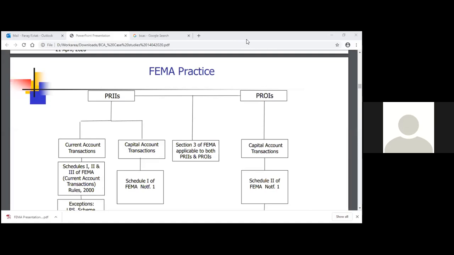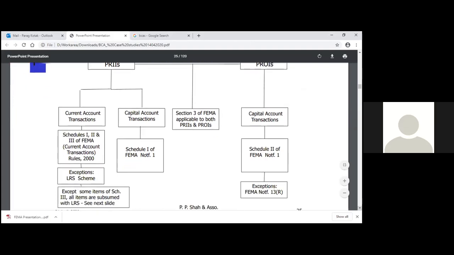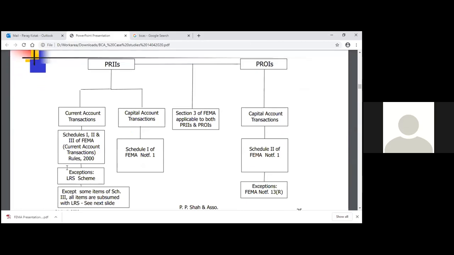As you can see in this slide, a person resident in India can either come up with current account transaction issues or capital account transaction issues. And the non-resident will most probably come for a capital account transaction to be considered in India. Because if there is a transaction to be carried out outside India, probably he will not approach you.